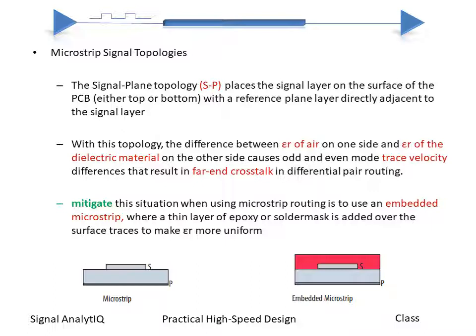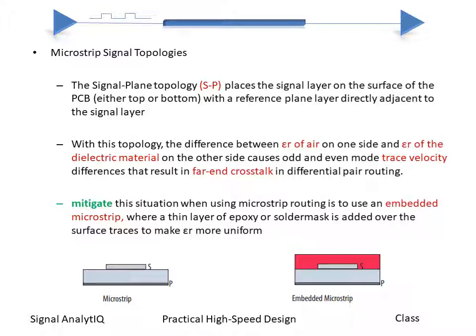For the microstrip topology, a signal plane places the signal layer on the surface of the PCB, either top or bottom, with a reference plane layer directly adjacent to the signal layer. In microstrip topology, the difference between the dielectric constant (Er) of the air on one side and the dielectric constant of the dielectric material on the other side causes odd and even mode trace velocity differences that result in far-end crosstalk in differential pair routing.